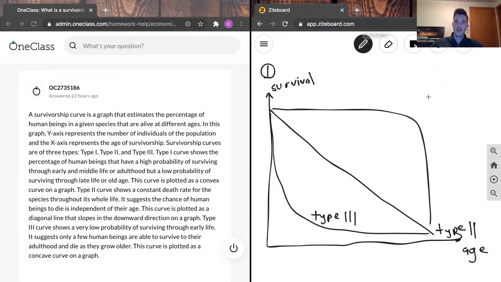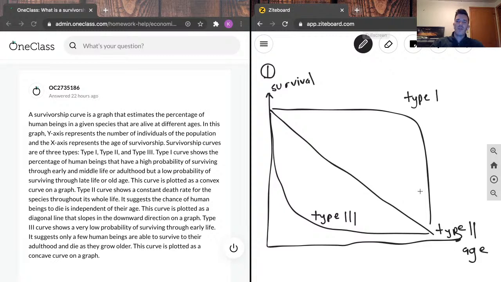This corresponds with humanity. In the last 100 years in particular, we have nearly eradicated infant deaths. And in early childhood, there's very few. And up until the age of around 65, 70, this is more or less a flat, slightly declining line.